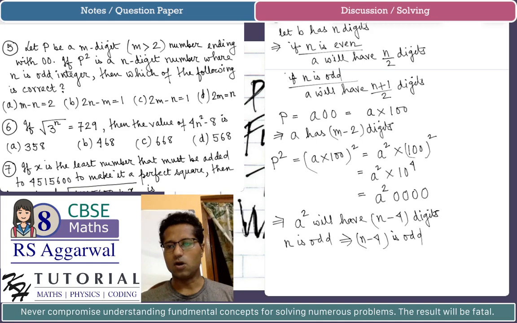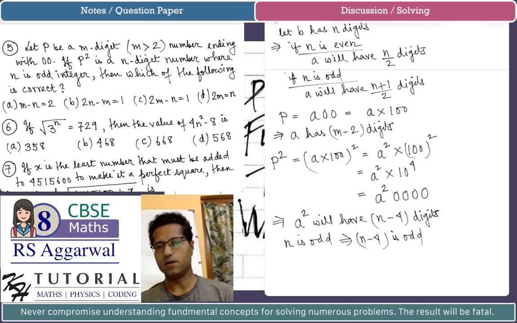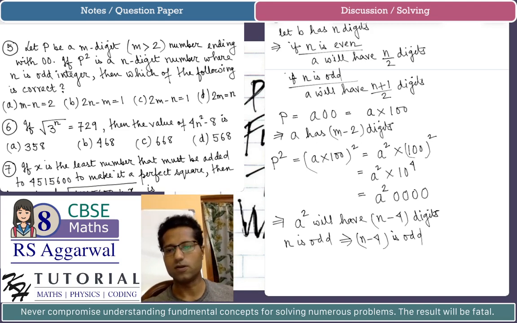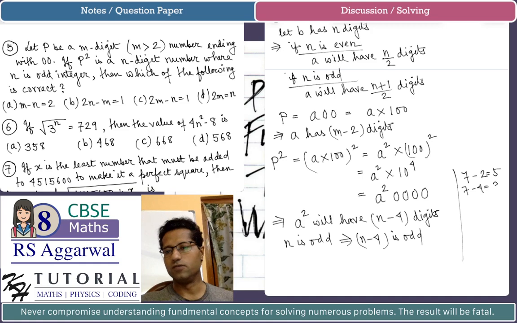You can see that, let's say n is 7. 7 minus 4 is 3. So if you subtract an even integer from an odd integer, the result is also an odd integer. So this implies n minus 4 is odd.